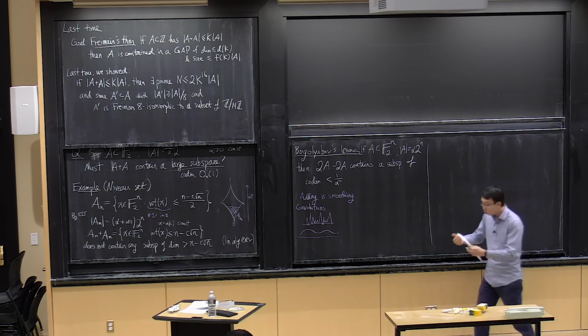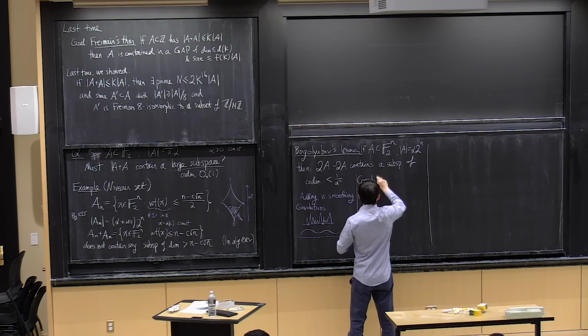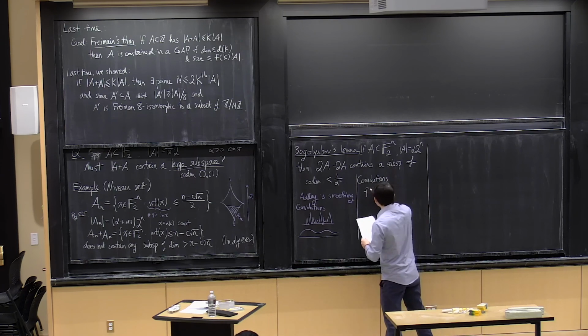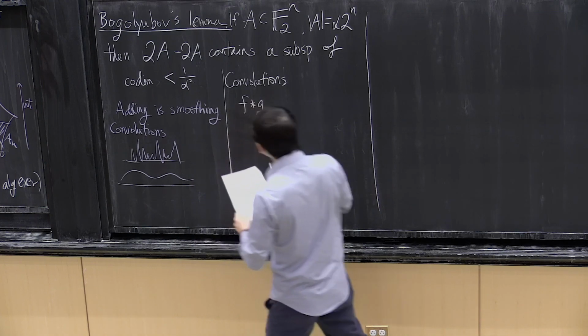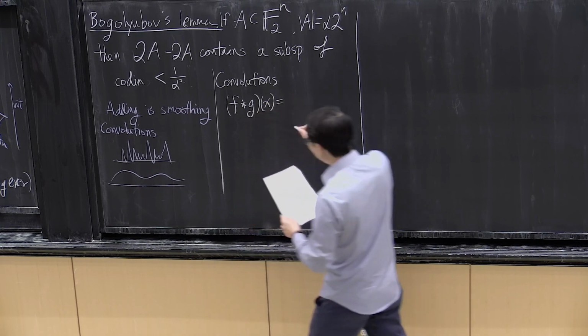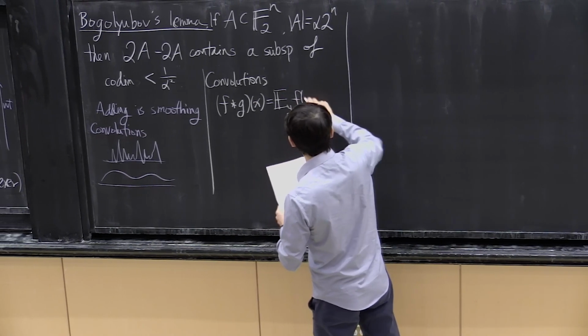All right. So let me remind you about convolutions. So recall, okay, in a general abelian group, if I have two functions, f and g, on the group, so complex valued functions, then their convolution is given by the following formula.